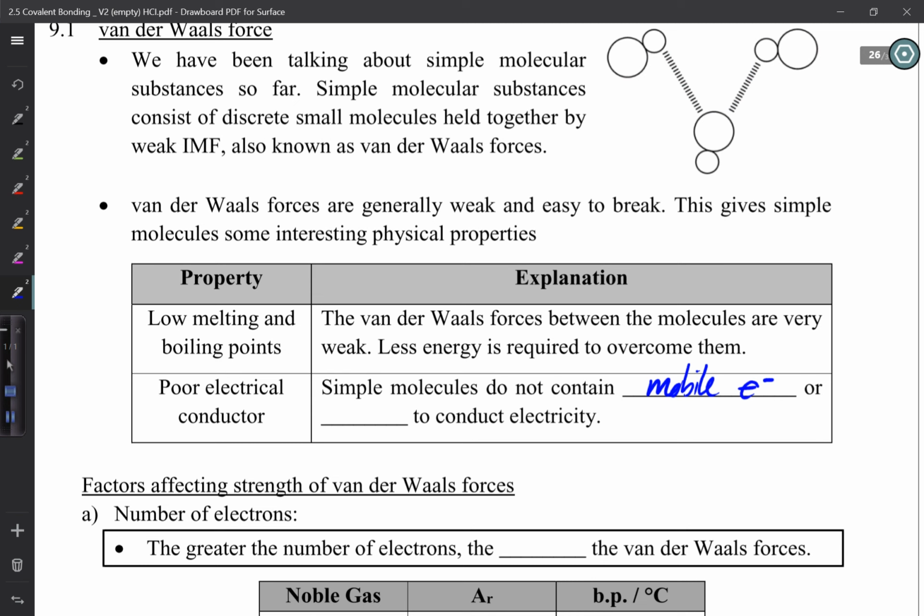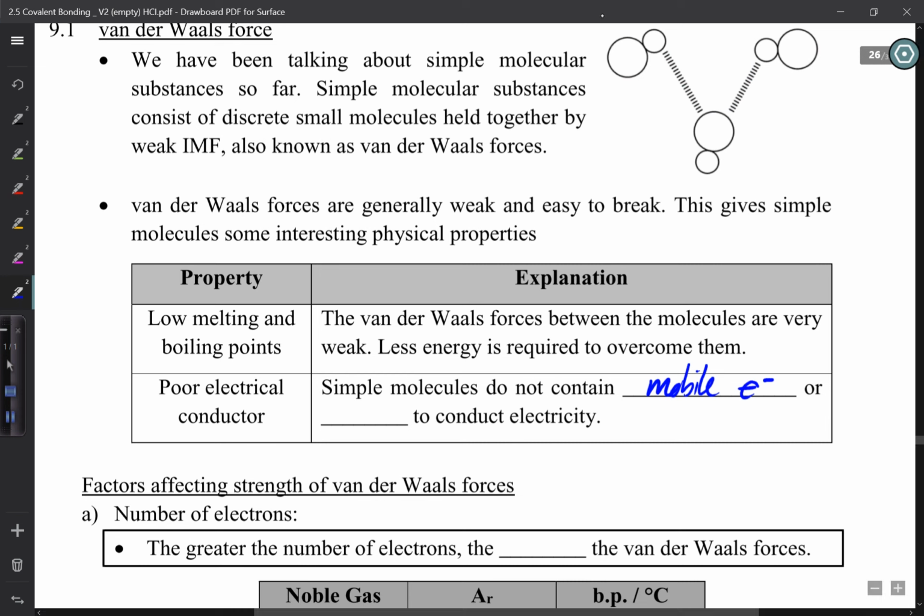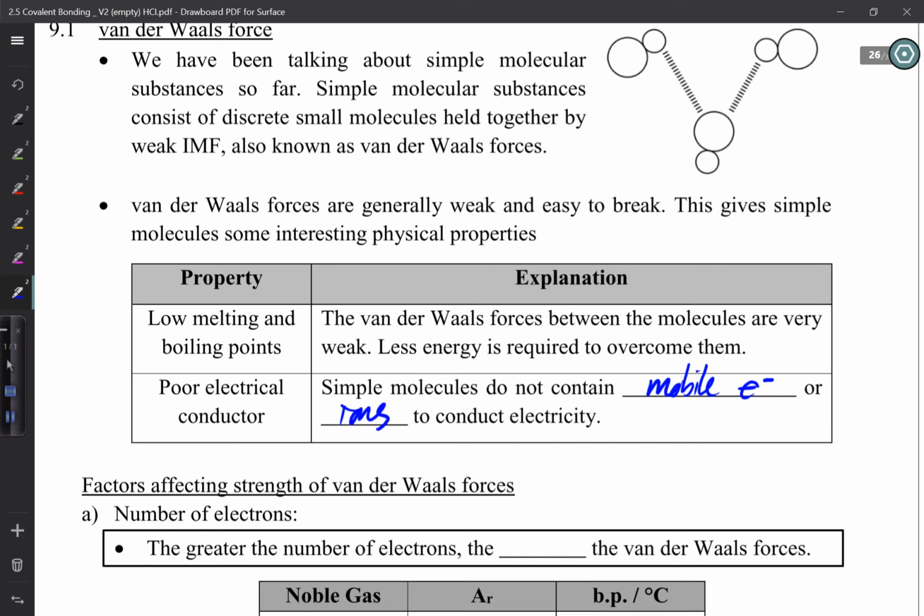So you have to use ultra pure water to dissolve the soil, perform a filtration, and then analyze the filtrate. So simple molecules do not contain mobile electrons or ions to conduct electricity. That's why they are all poor electrical conductors. This means that carbon dioxide, ammonia, all these are poor conductors of electricity, right?